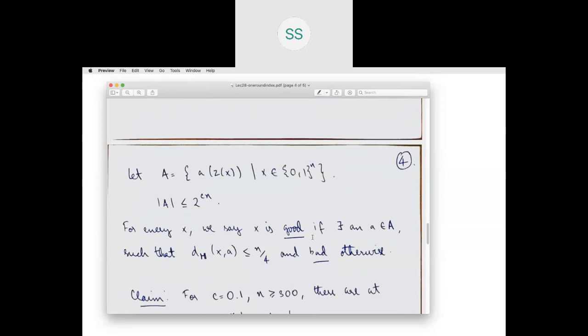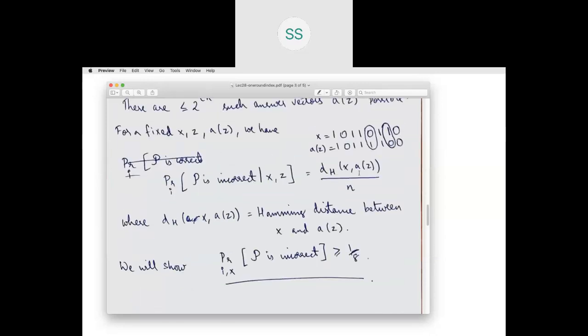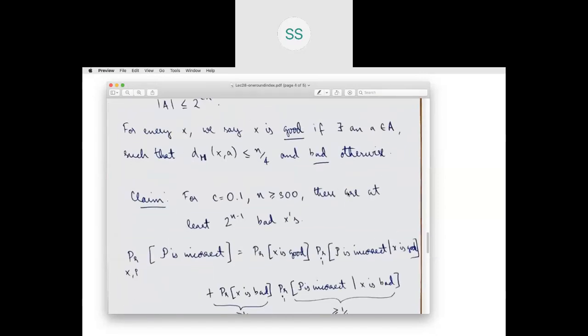Close to it means n/4 Hamming distance or less, and bad if every answer vector is at least n/4 away from it. So if x is bad, then whatever answer vector Bob is going to say, the probability of error is going to be at least 1/4, because the numerator is going to be n/4.